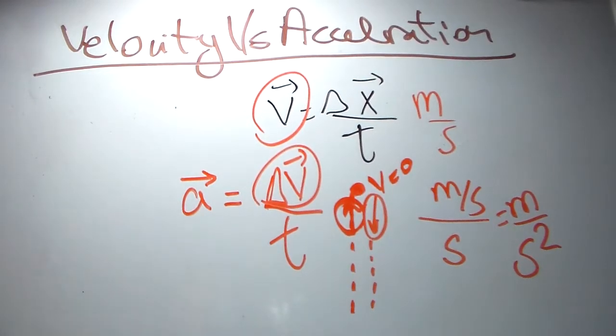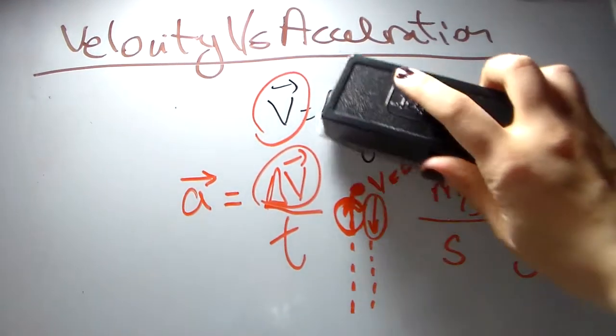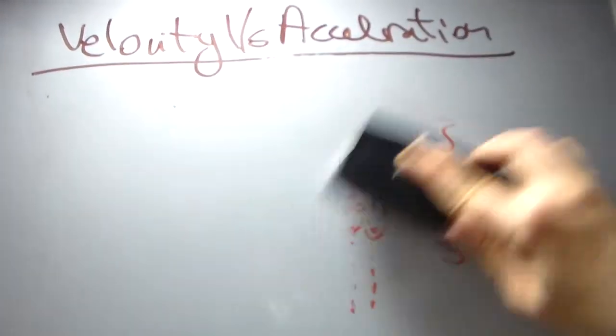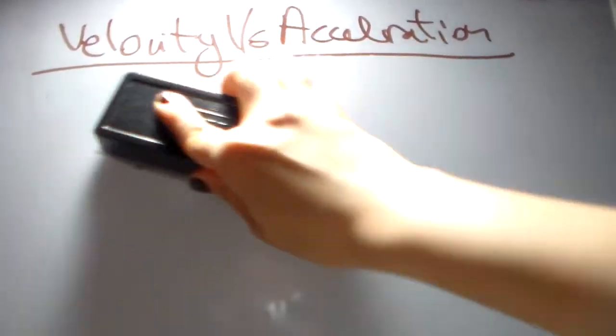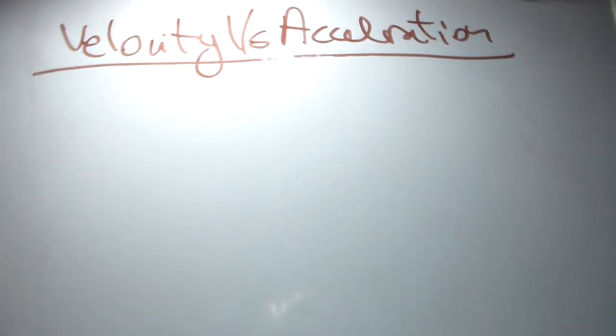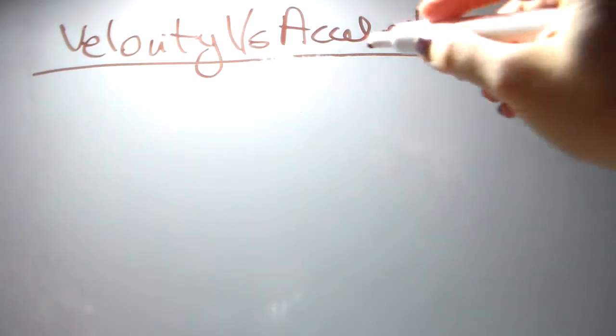For this, I'm giving you 4 different options in general on how things can possibly move. Let's just get started with that.